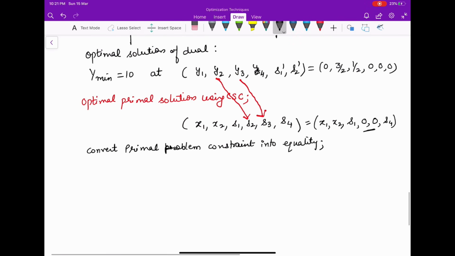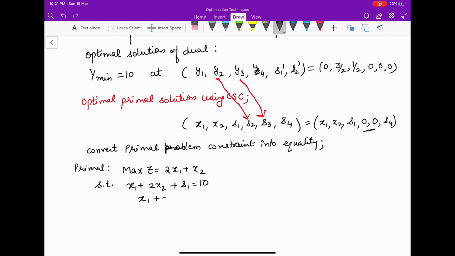So now if you see this, what is the primal problem that we had? We have the primal problem maximum of z equal to 2x1 plus x2 subject to x1 plus 2x2 plus s1 equal to 10, x1 plus x2 plus s2 equal to 6, and then we have x1 minus x2 plus s3 equal to 2, and we have x1 minus 2x2 plus s4 equal to 1.